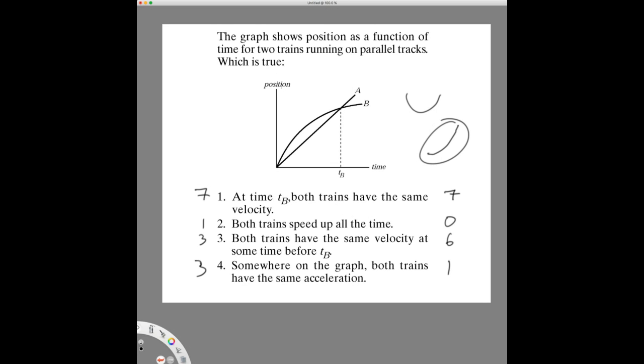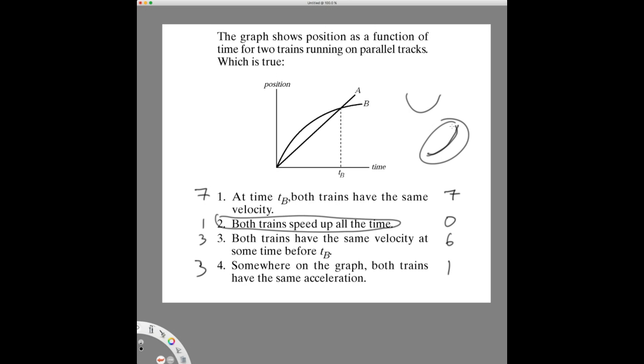So technically, A is not speeding up or slowing down. So hopefully you're having the right idea. Neither one of them looks like what speeding up looks like. Neither of them is curving upward or curving away from a 0 slope.